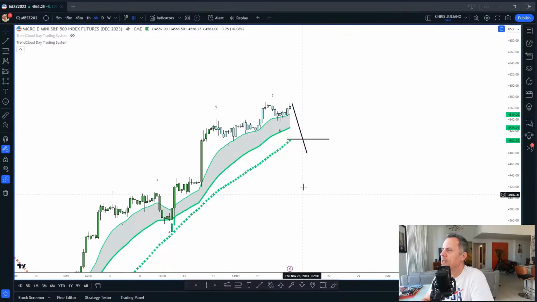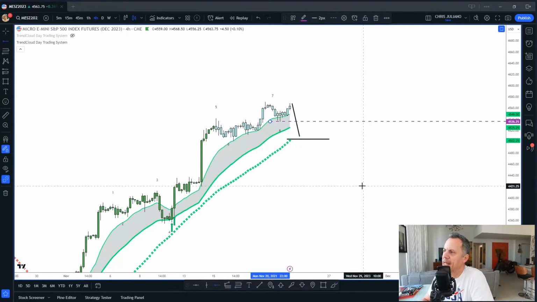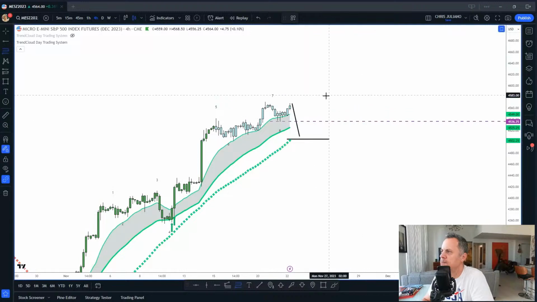So right here, if we get this move, right? Let's say we get this move and it does break below. As long as we break below that line right there, we can start using our fib tool, Fibonacci retracement tool.